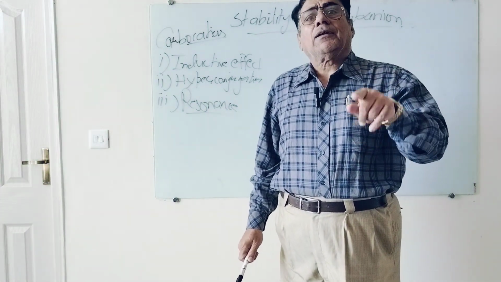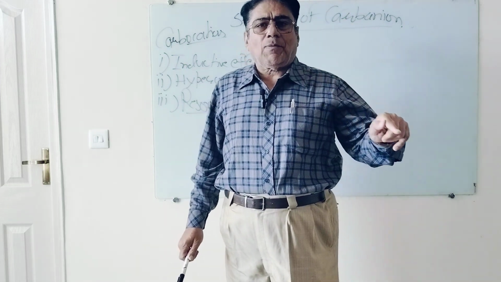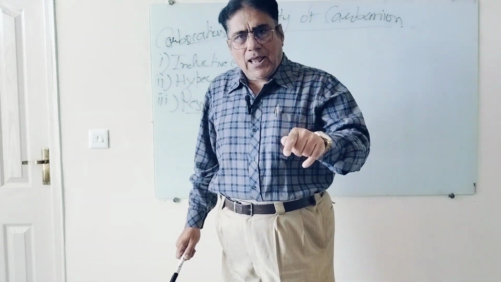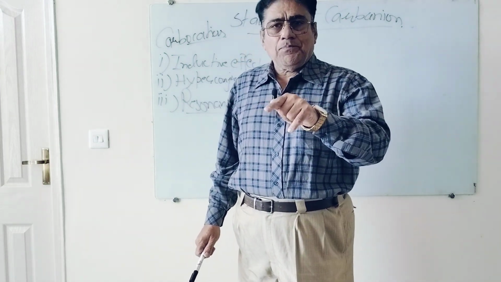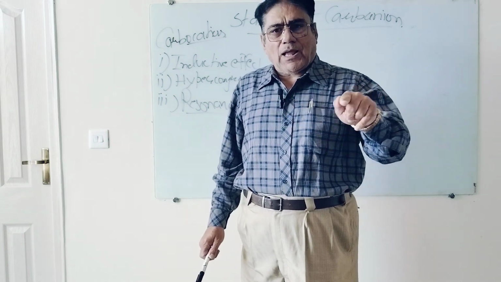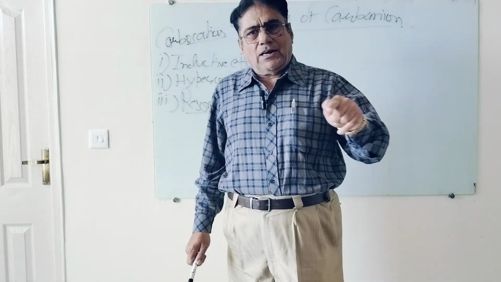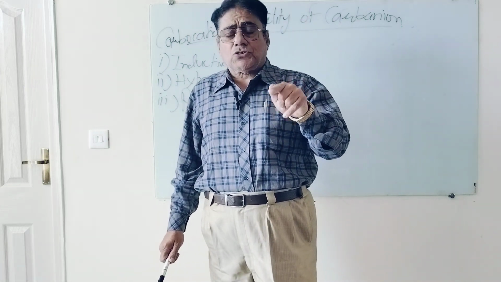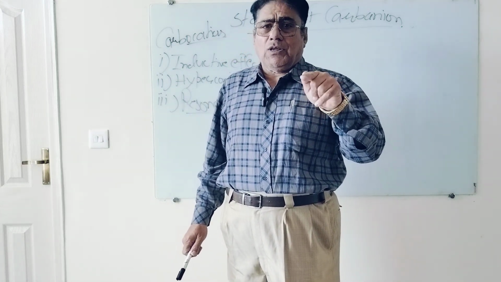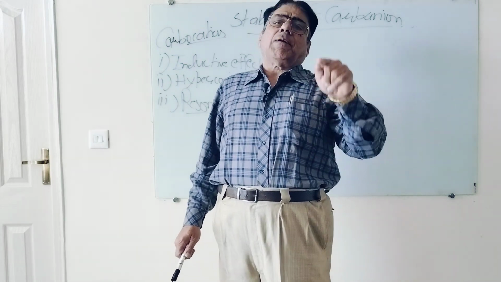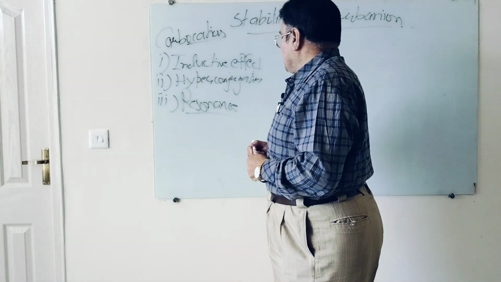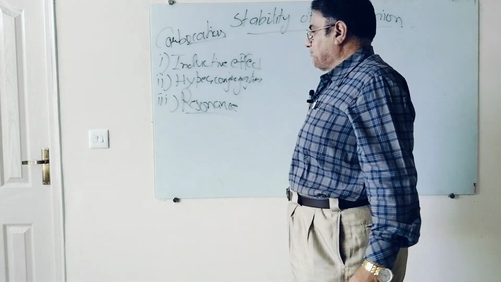According to inductive effect, the least stable carbocation was methyl, then ethyl, isopropyl, and tertiary butyl. Methyl was least and tertiary butyl was most, because the plus I effect of 3 methyl groups decreases the magnitude of positive charge. Then I came to hyperconjugation.